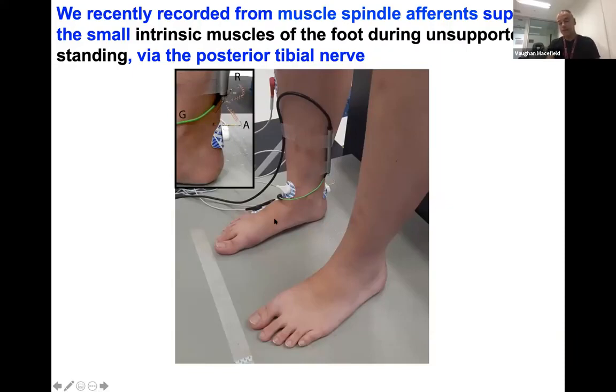Now, this is the nerve, a branch of the sciatic nerve, which runs down behind the calf muscles and supplies the small muscles of the foot, many, many muscles in the foot, and also the skin on the sole of the foot. So we could record from both muscle spindles and cutaneous afferents in the sole of the foot during free standing. This hadn't been done before, and as I said, we had to develop this approach.